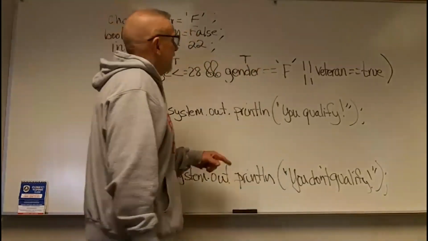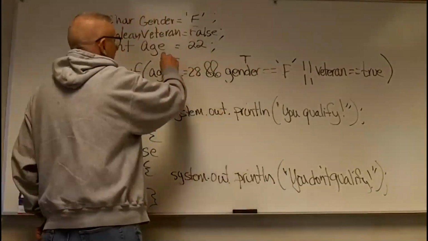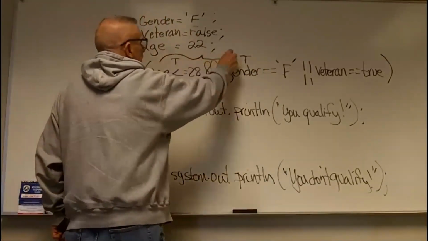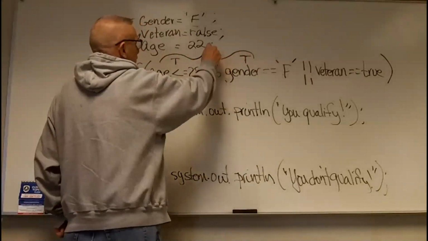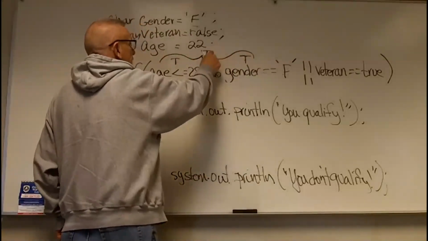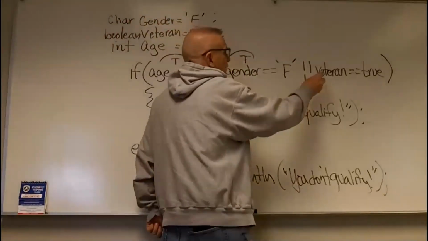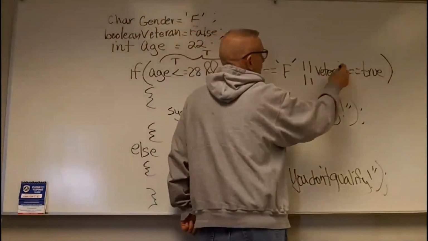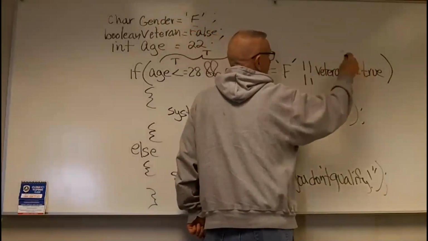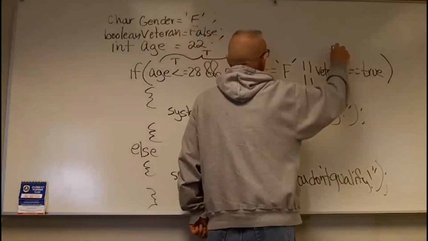And then over here, we can take these two together, and we've got a true and a true, which assesses out to true. And then we come over here, and we have, is she a veteran? Well, she's not, so false does not equal to true. So we have a false here.